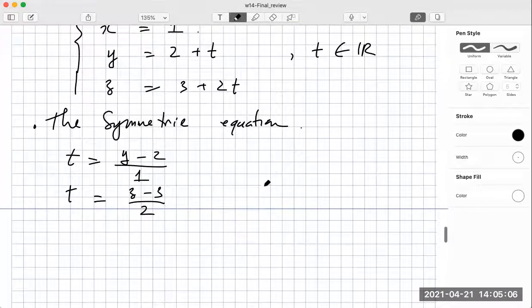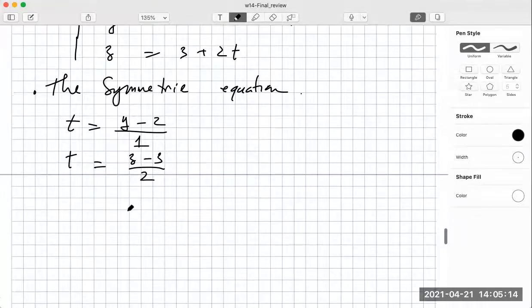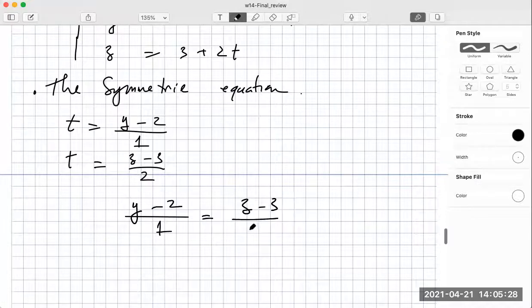And we don't have the x, right? But anyway, from now, we know that y minus 2 over 1 is equal to z minus 3 over 2.